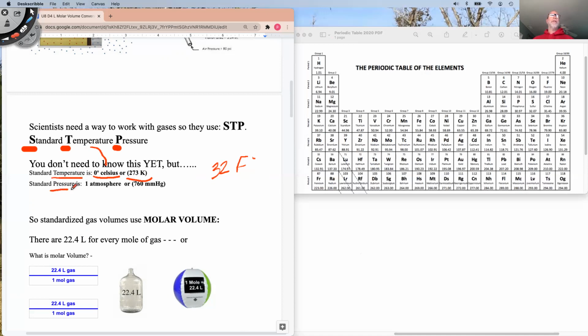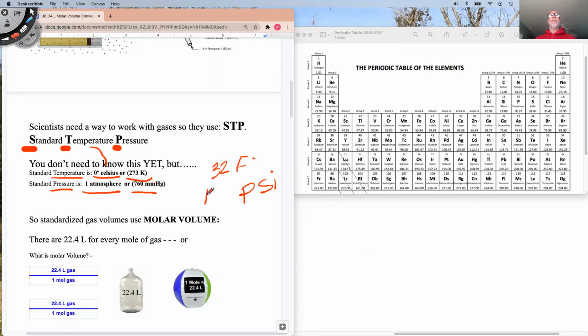The standard pressure, ladies and gentlemen, is something called 1 atmospheric pressure. So 1 atmospheric pressure is the amount of pressure that's pushing down on 1 atmosphere. Another unit is 760 millimeters of mercury. One that you might be familiar with if you ride your bicycle is PSI, which is pounds per square inch, and that's something that we work with when we're filling up our bicycle tires.